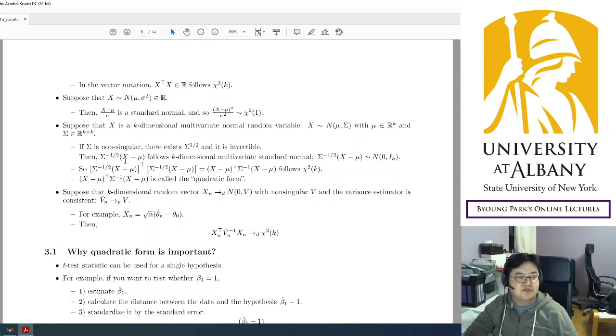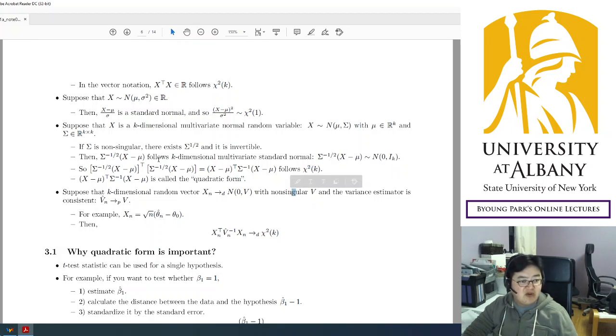And after the standardization, we have a multivariate standard normal distribution, a k-dimensional standard normal distribution. Then following this rule, the standard normal vector, x prime x, follows chi-square k.